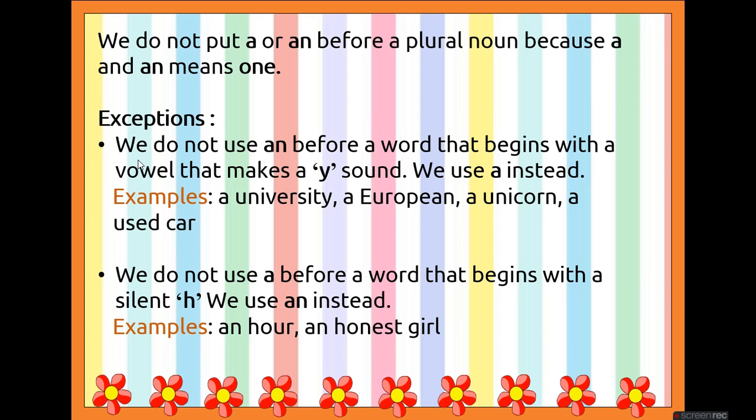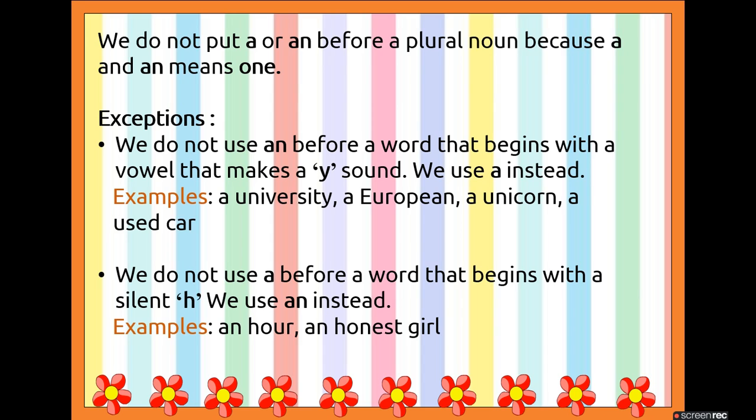We have exceptions. We do not use an before a word that begins with a vowel that makes a Y sound. We use a instead. For example, university. It starts with the alphabet U, which is a vowel. However, we cannot use an in front because when you say university, you have the Y sound in front.